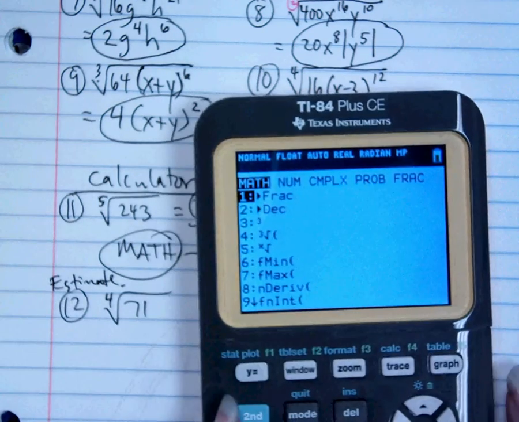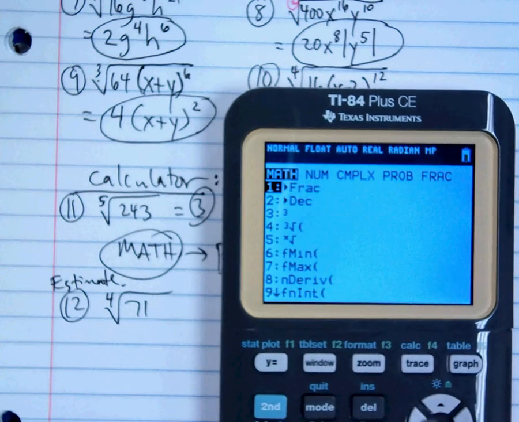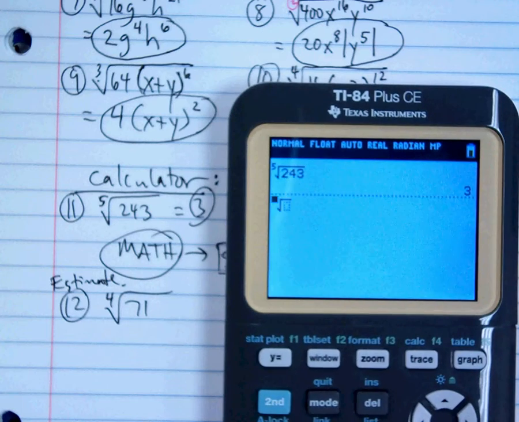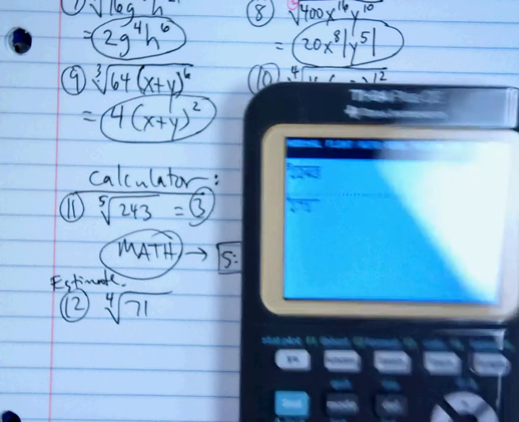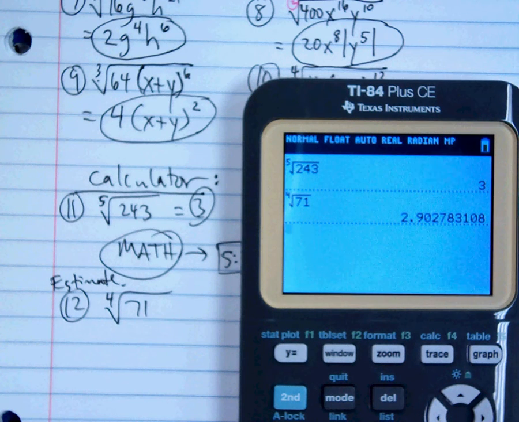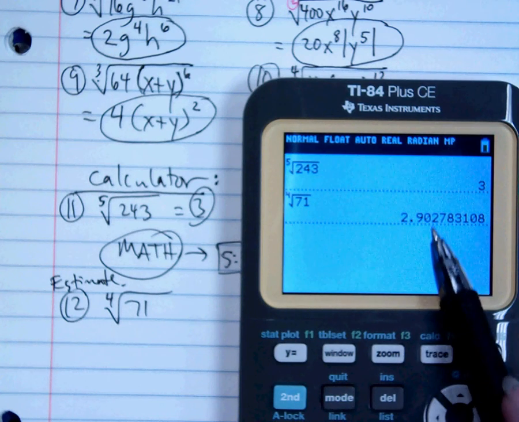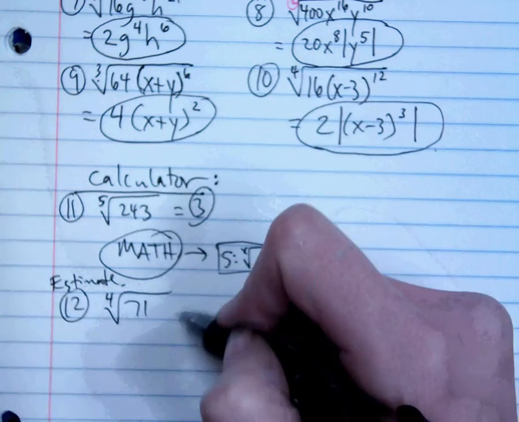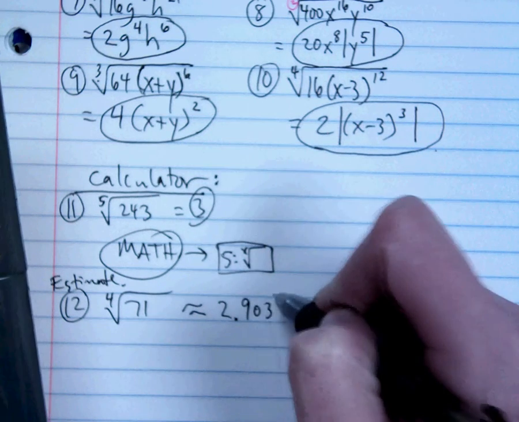So again, if I want to get to it, I go math, and then I just go down to 5, or I can hit the number 5. So 4th root of 71 is about 2 point, and then I'd have to tell you, so let's round to 3 decimal places. 2.903, because I'd have to round that up. So use your approximately symbol here, 2.903.